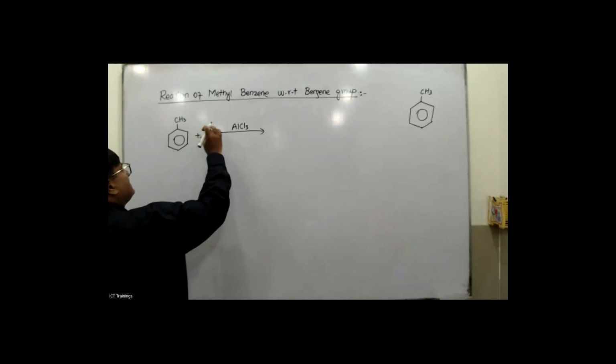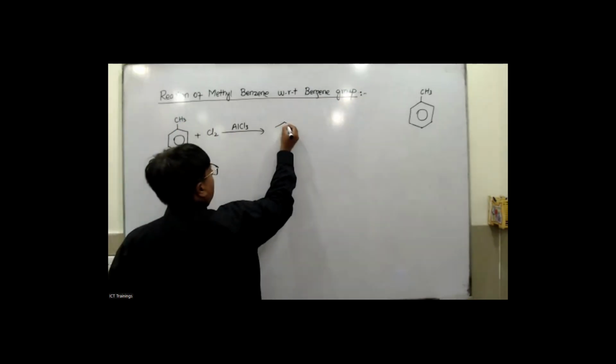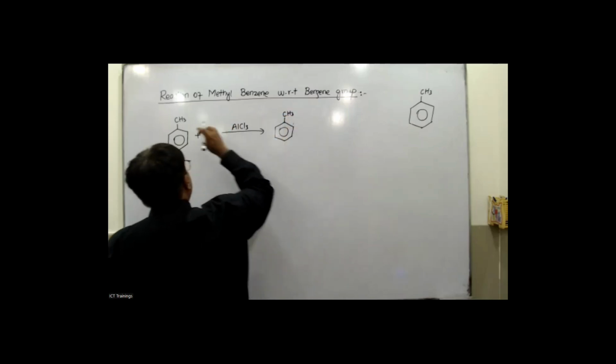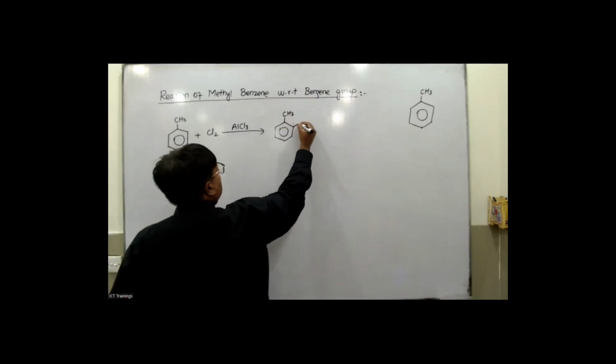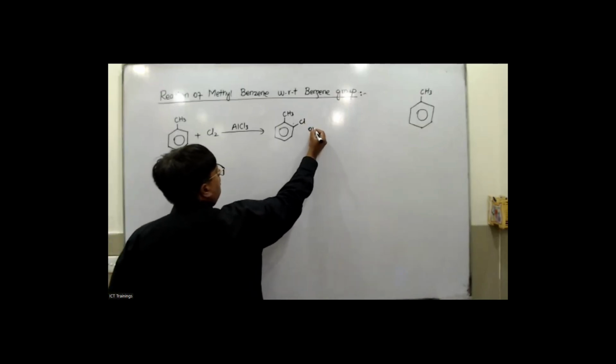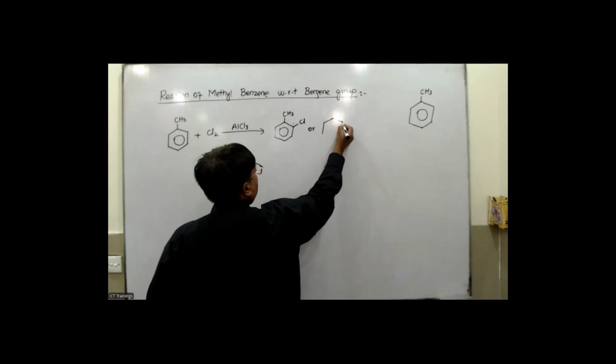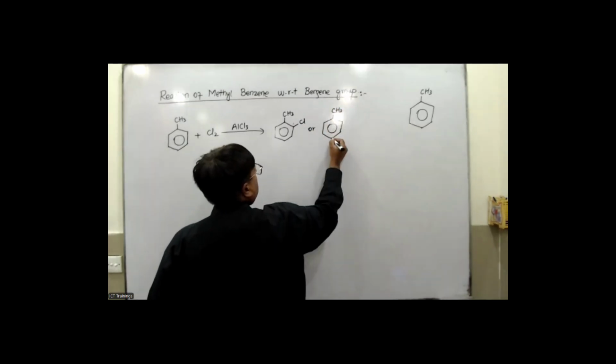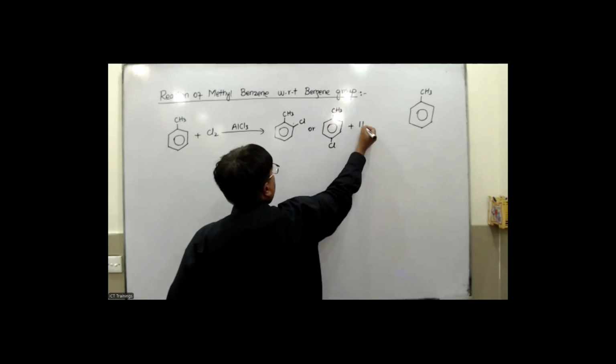Okay, so methyl benzene reacts with chlorine. What would happen? Have a look up here. The chlorine would be attached either at position 2 or at position 4, with HCl.